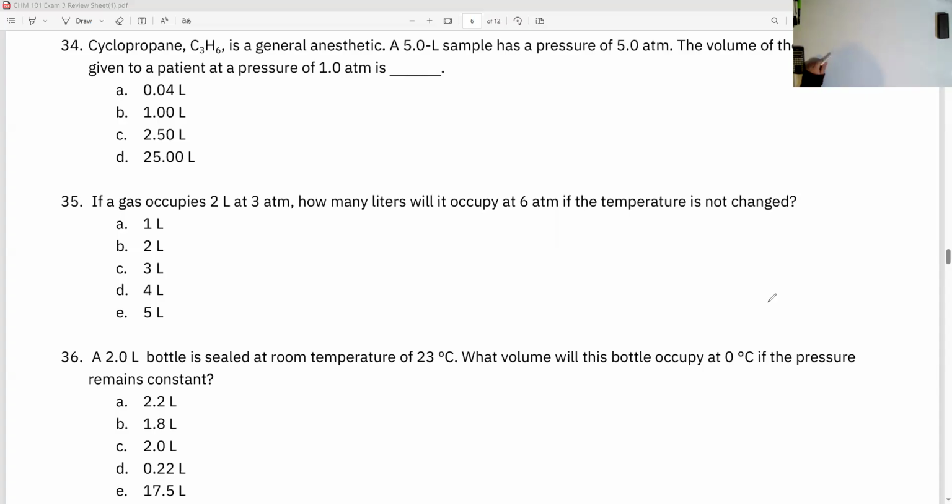For example, in the first question, they're telling us that we have a 5-liter sample that has a pressure of 5 atmosphere. So this is volume, this is pressure. Then they're saying that the volume of the anesthetic that's given to a patient at a pressure of 1 atmosphere, so that's another pressure, is what?